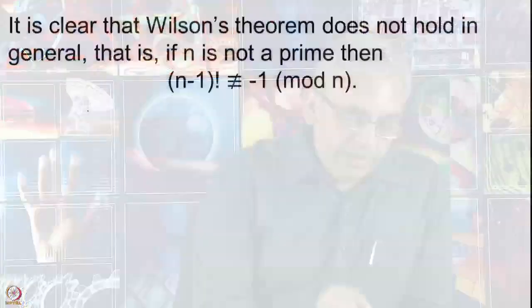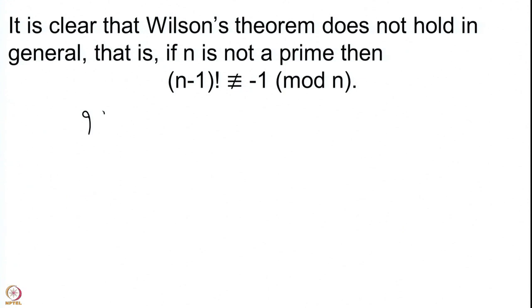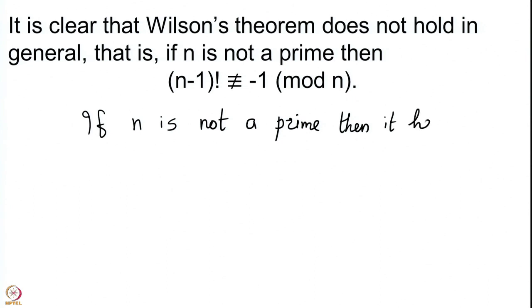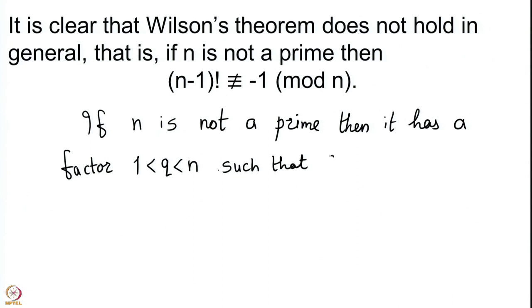We will say, if n is not a prime, then it has a factor which is not equal to 1 and not equal to n by the very definition of primes, but you can also get that factor to be itself a prime.